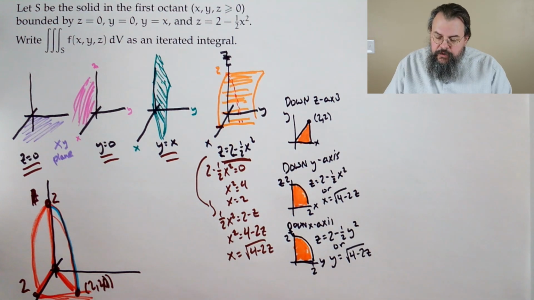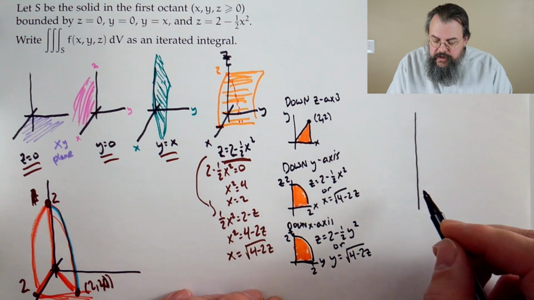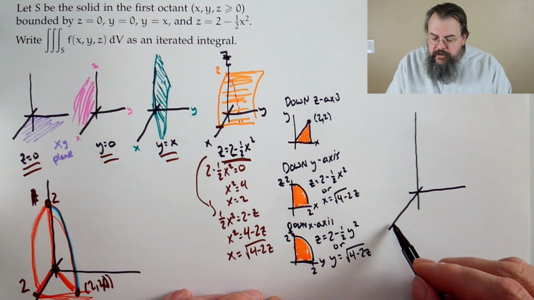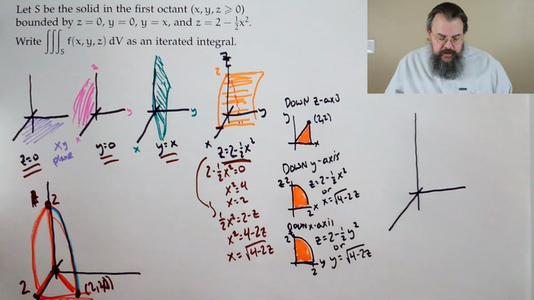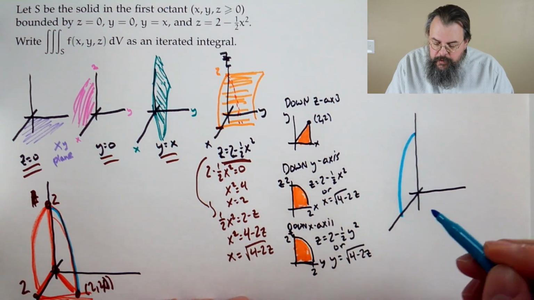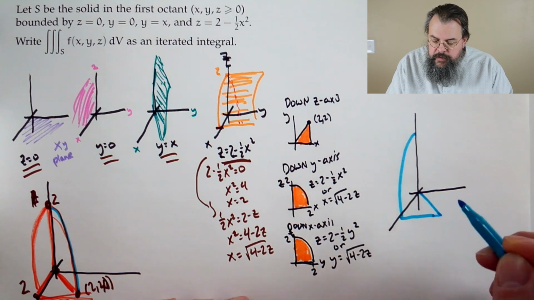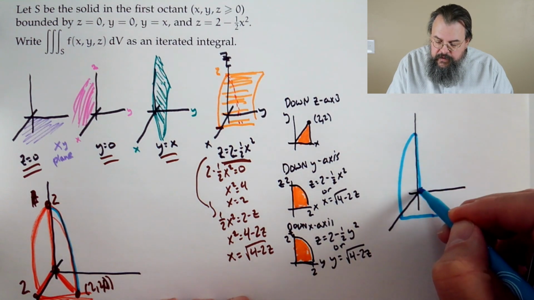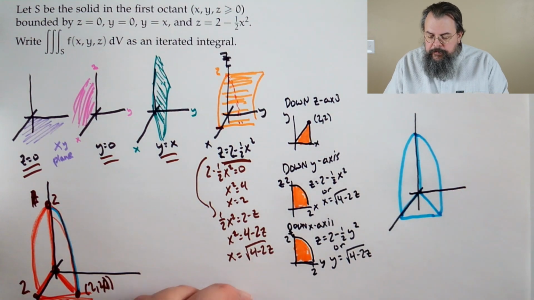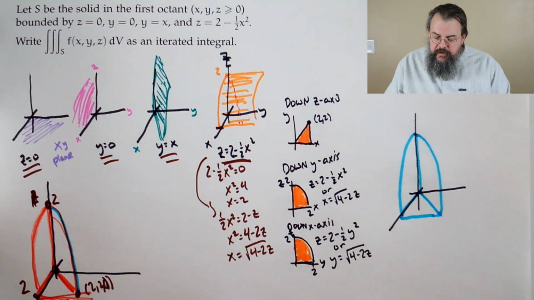So let's redraw for reference our solid. So now that we have a better understanding of it, we're going to have a couple of curves here. So we have one, boom, boom, and we have this line, and there we go. Okay, and we'll mark the planes.